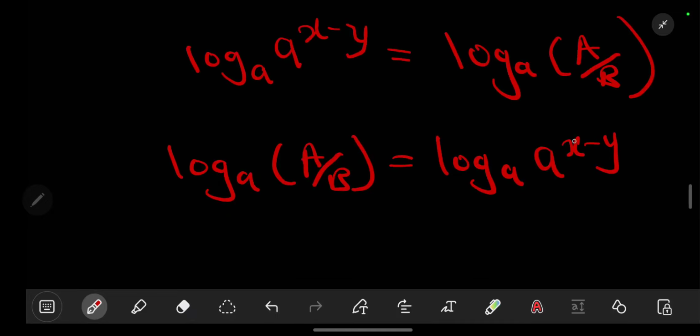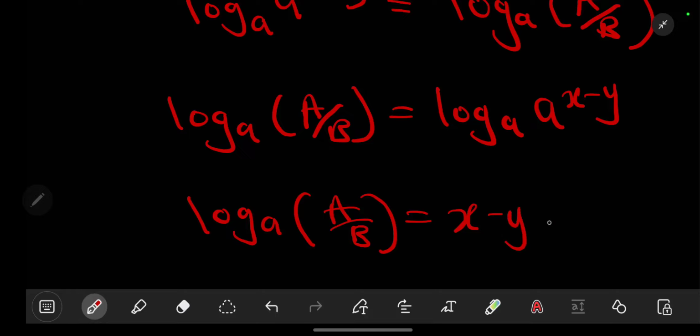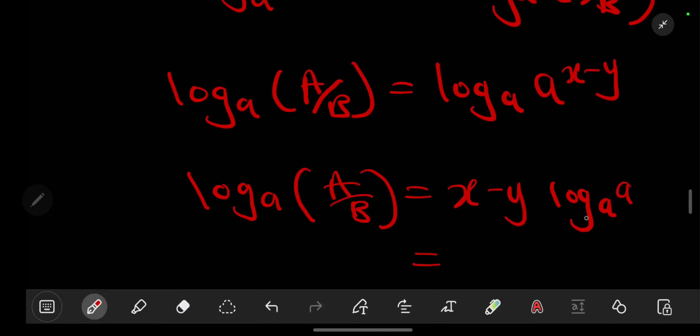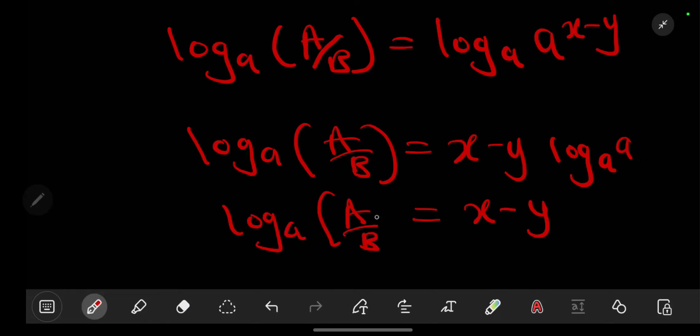So we are going to drop this power, so we have the log of a over b should be equal to x minus y. Then we have the log of a base a, of which we know that this is 1, so we have x minus y times 1, which won't change anything.